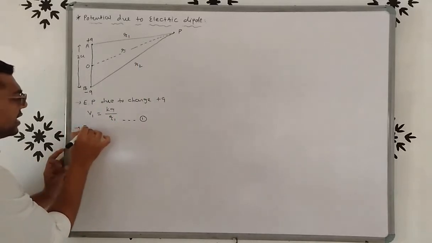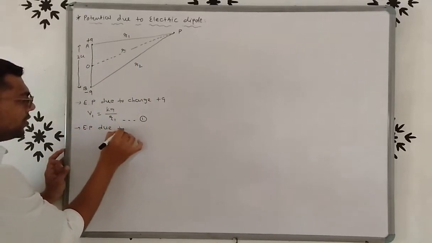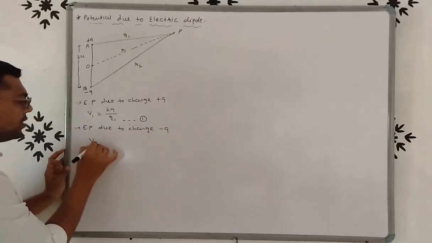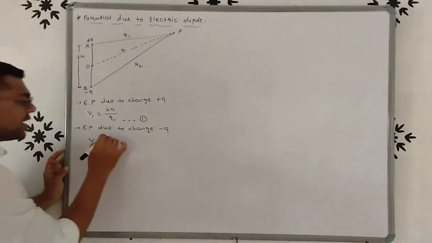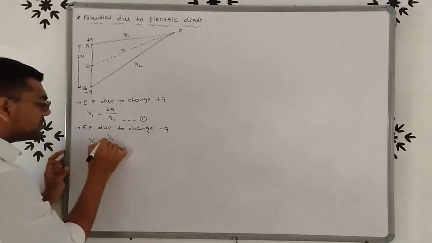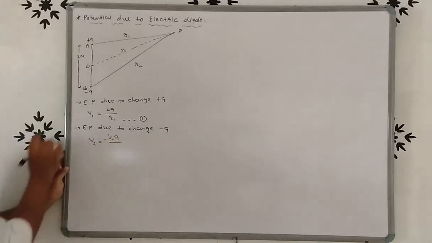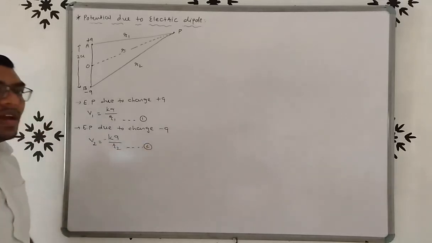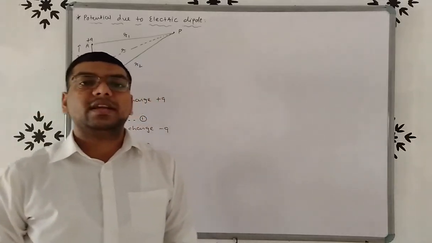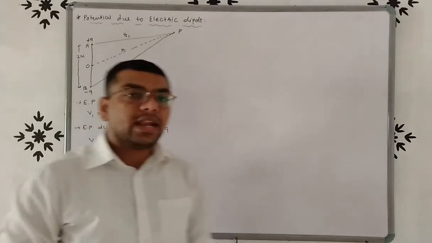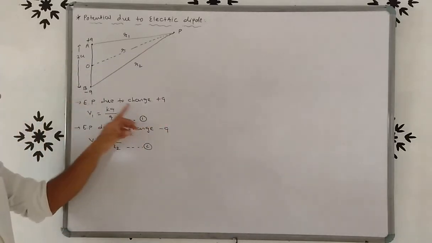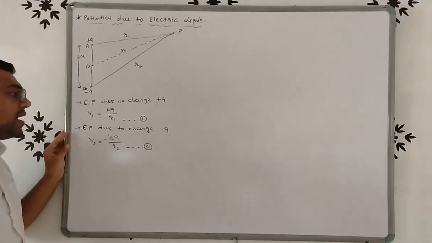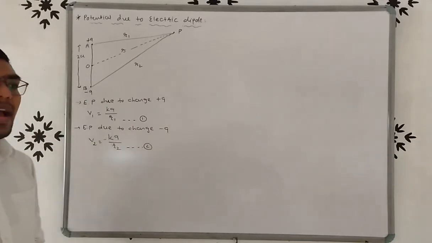Now the electric potential due to charge minus q: V2 is equal to kq by R, so k times charge minus q, so minus kq upon the distance between minus q and P, that is R2. So from the formula V is equal to kq by R, the potential due to charge plus q is V1 equal to kq by R1, and the potential due to charge minus q is V2 equal to minus kq by R2.